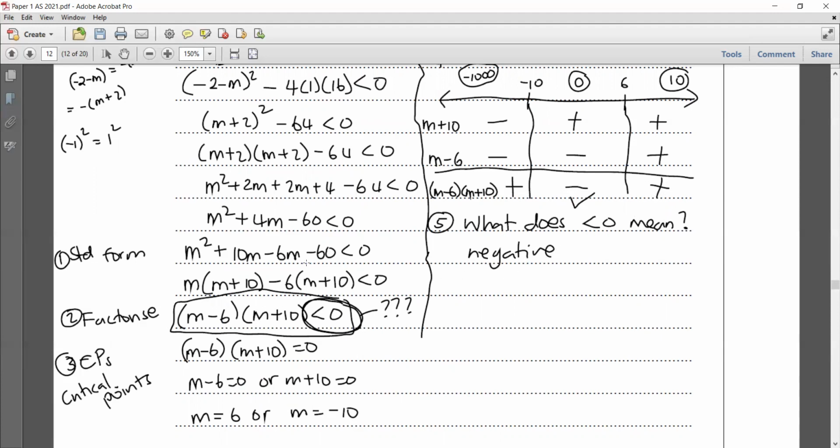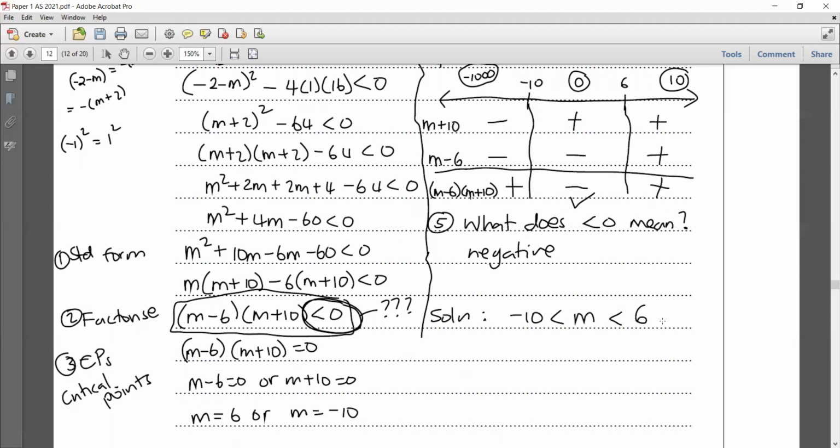Then to answer the question of when is m minus 6 multiplied by m plus 10 negative, the answer is when m is between minus 10 and 6. So the solution will be from minus 10 to 6.